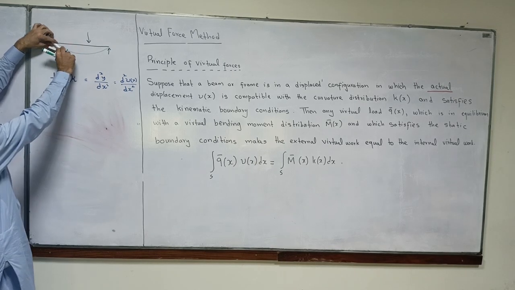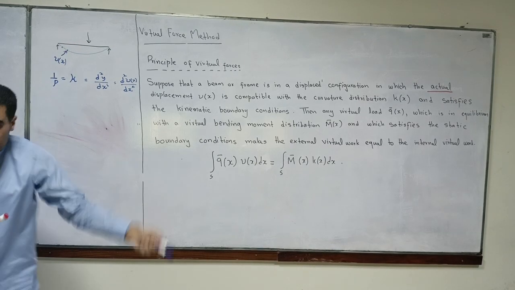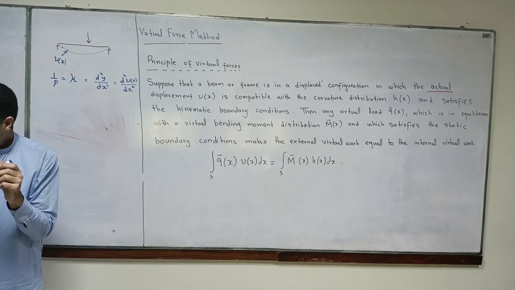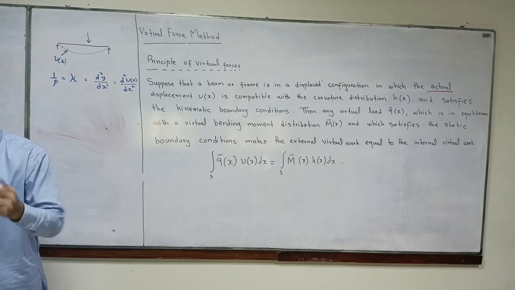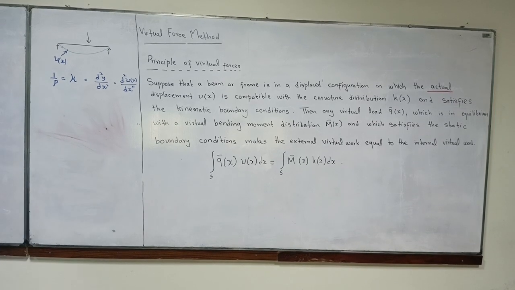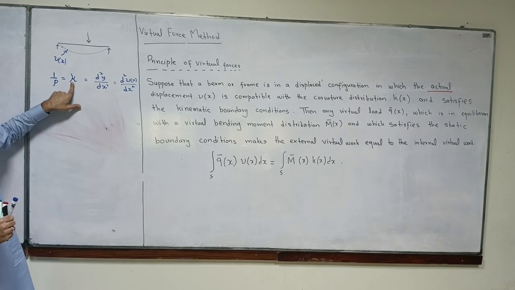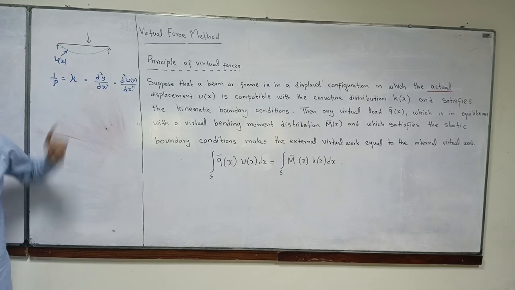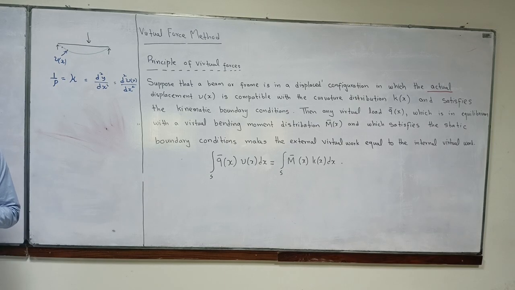And this is the slope of a slope. So you draw the tangent and this is the tangent of the tangent. Do you agree with me on that? So if this curvature is equal to d2y by dx square, then it is called a compatible curve.